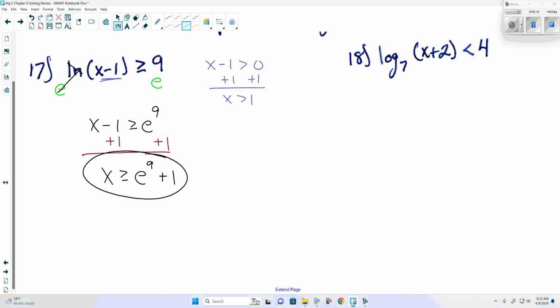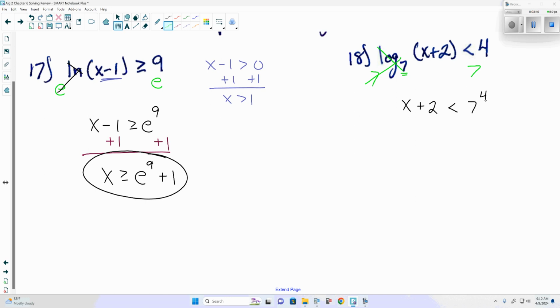Let's look at the next one. Log base 7 of x plus 2 is less than 4. We'd put both sides to the base of 7. We use 7 because the base of the logarithm is 7. So our 7 to the log base 7 cancels out, leaving us with x plus 2 is less than 7 to the 4th.